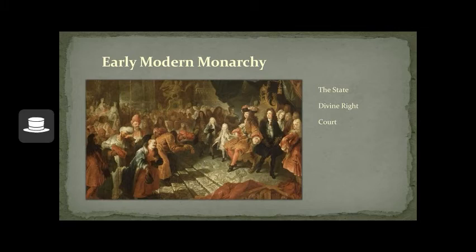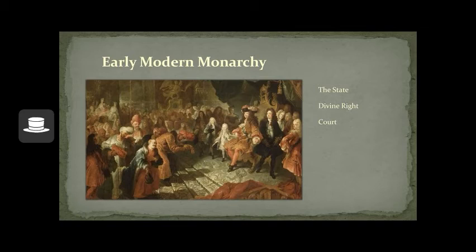It was going to be a court where kings would dispense patronage, where they would dispense money and favors to the powerful people that surrounded them. Nobles would need to be mollified. Nobles would need to be soothed to some degree. These were powerful men still, and potentially dangerous men to the king.